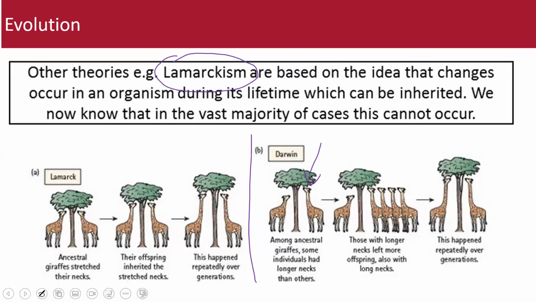Right? So he thought that characteristics could be passed on within one generation. Okay? So that's a bit like me going to the gym and being massive and muscular, having a kid, and that kid would then pop out massive and muscular. Okay, which might sound stupid, which I guess it is. But that was Lamarckism.